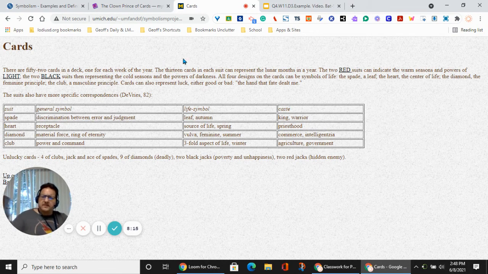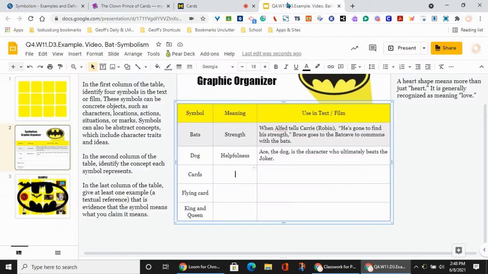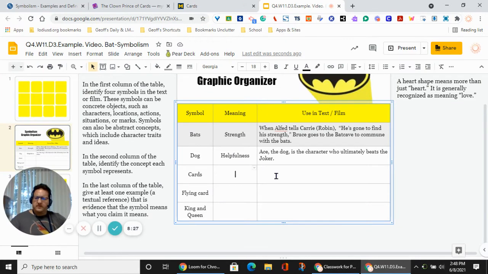And I'm not really seeing stuff specific to the Joker necessarily, but the fact that it represents fortune, like the hand that fate dealt me, is interesting, and that's something I could certainly use over here. So I'm going to put fate, and then I have to figure out, okay, does that work? And is that the function that these serve within the text? Well, to a certain extent, I suppose.